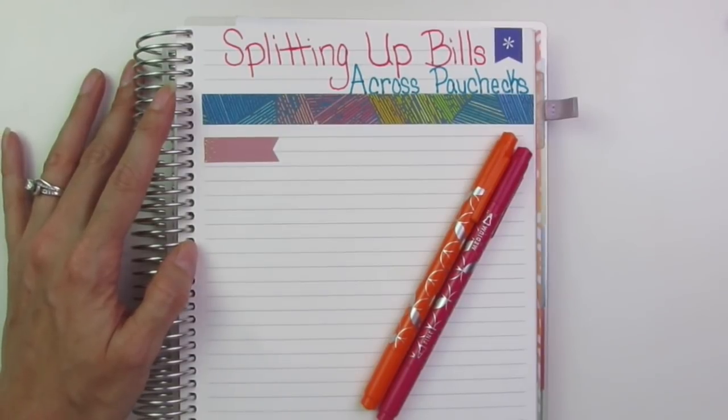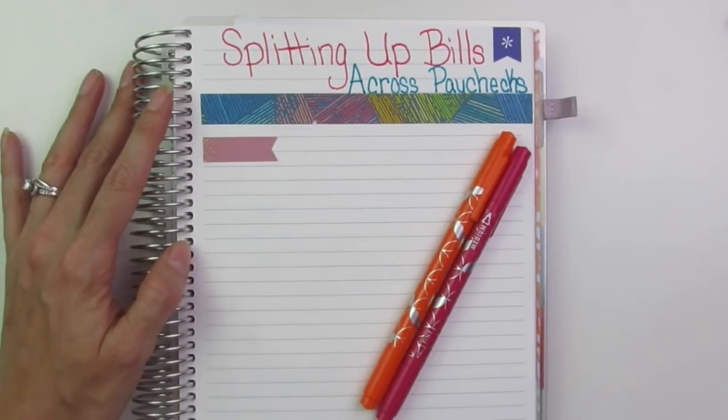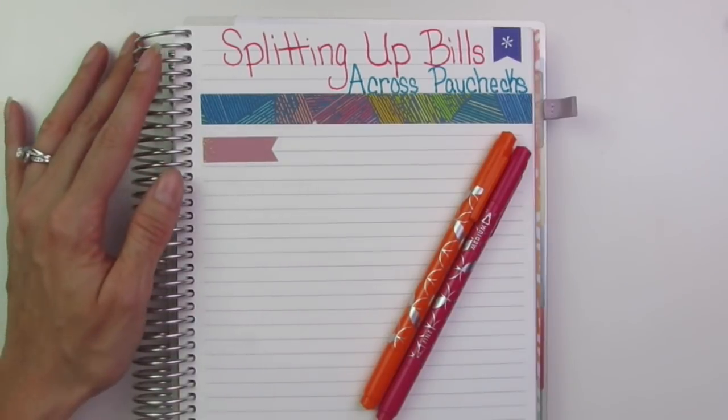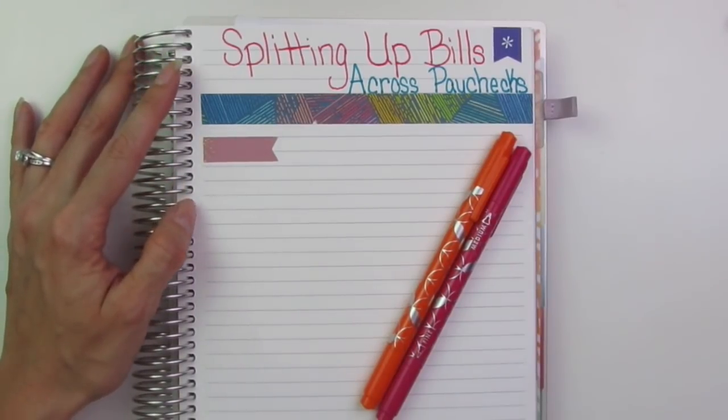We obviously don't live in a perfect world, and we all have bills that are due all throughout the month on different days, and they probably don't line up with when you get paid. So you have to do some work the first month that you start your budget to be able to take out portions of that bill's monthly payment for each paycheck.